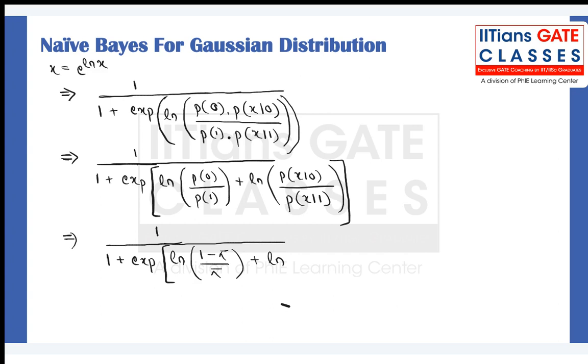So I can write this as ln of the product over i of p of xi given 0 divided by p of xi given 1.